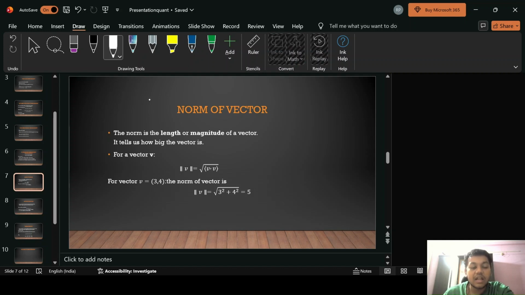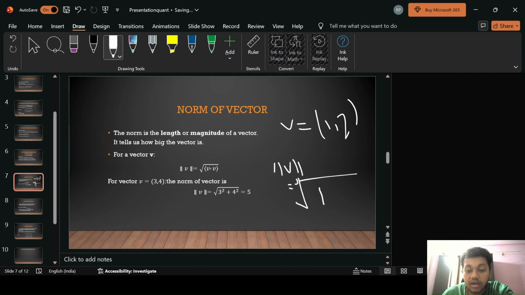Now let us see another example to explain more. Let us consider v equals 1, 2. So the norm of vector would be under root 1 square plus 2 square.